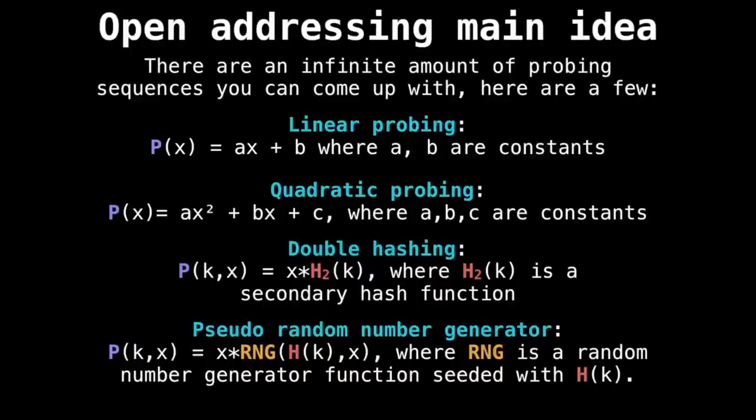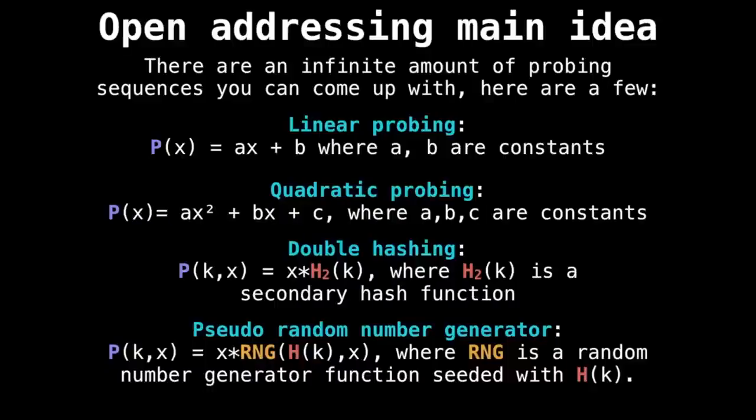And then there's double hashing, which is super neat actually. What we do is we define a secondary hash function on our key, find its value, and then use that inside the probing function. And the last one is the pseudo-random number generator probing function that we can use.